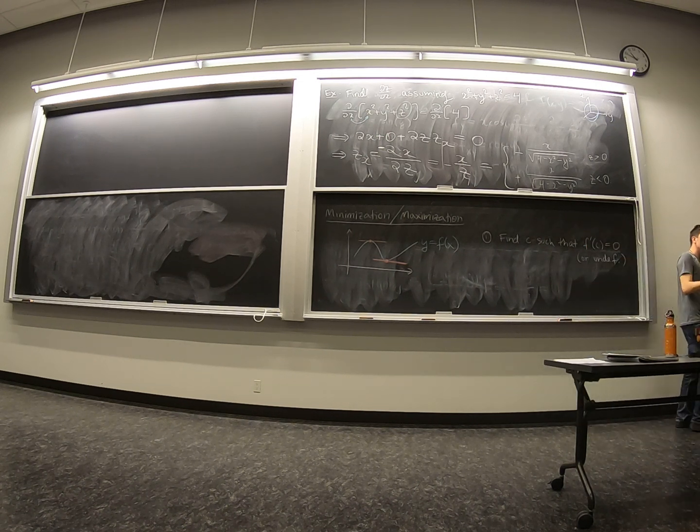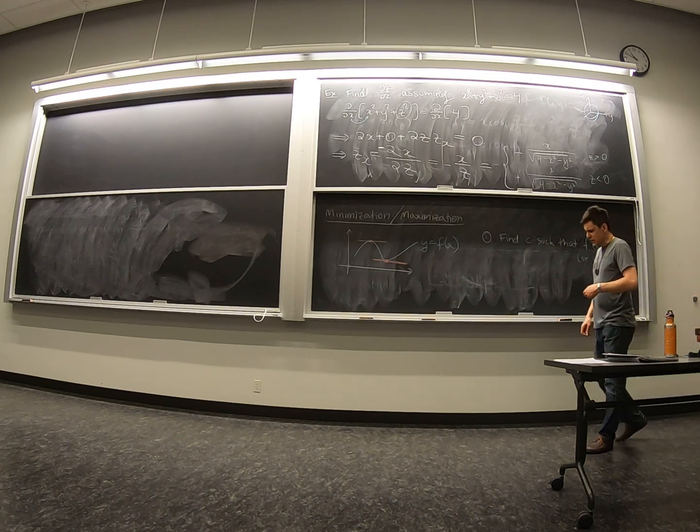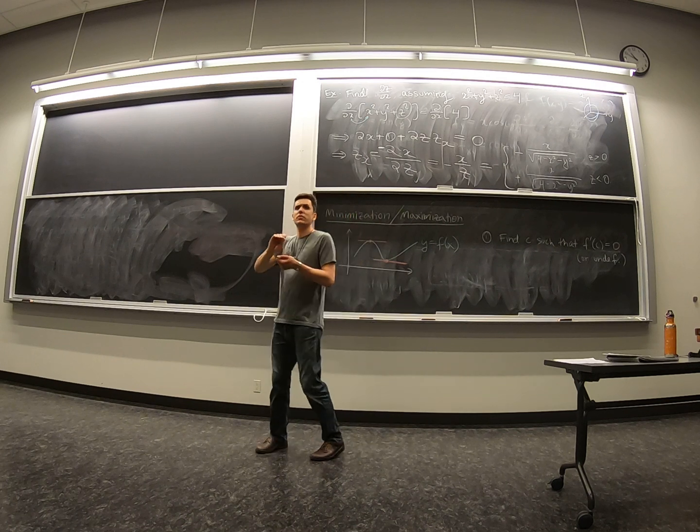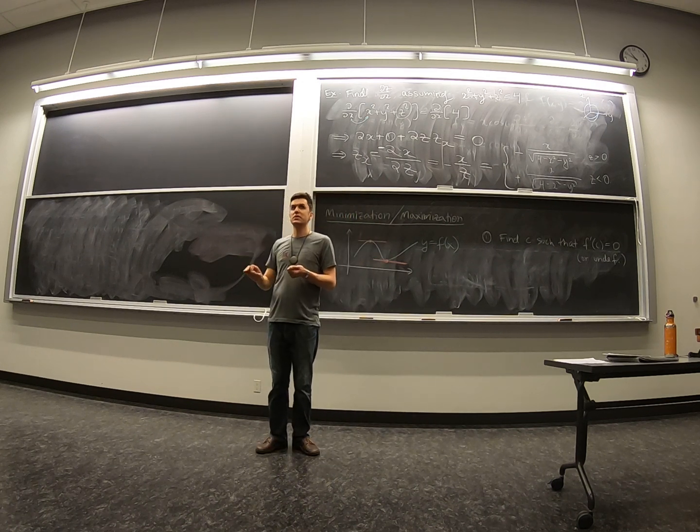Or undefined, right? If we don't have a tangent line, then that's also a critical point, but we'll focus on that for now. Then, once we've got those critical points, we analyze whether they're maxes or whether they're mins.